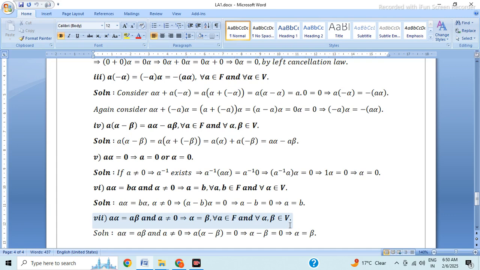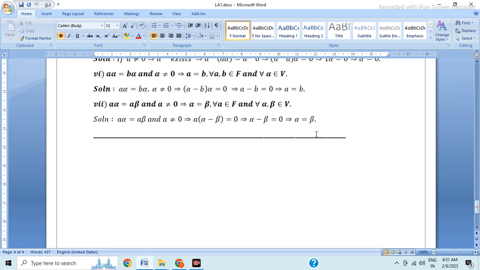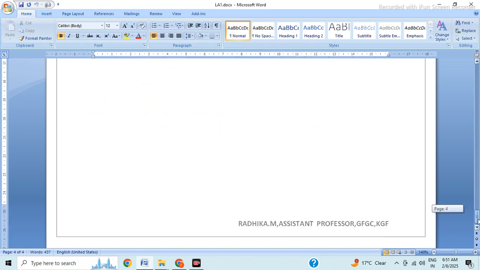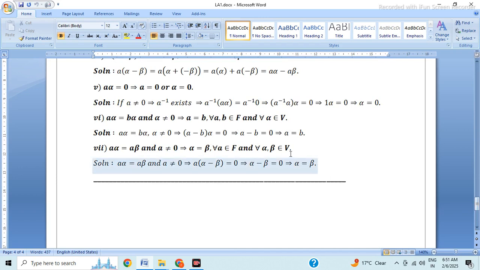That means what we can say? A not equal to 0, so what should be 0? Alpha minus beta should be 0, or we can write alpha equal to beta. Okay. Now we have proved all the 7 conditions. Just let me check whether it is 7 conditions only. Okay, 7 conditions only. We have proved all the conditions.